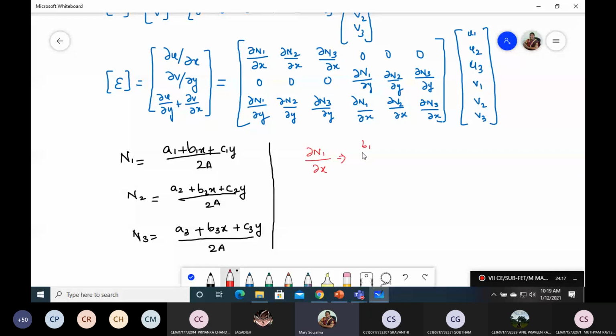B1 by 2a, is it not? A is a constant, so 0. Y is a constant when it is with respect to x, so 0 by 2a. And for dou n1 by dou y, what will that become? C1 by 2a, is it not?